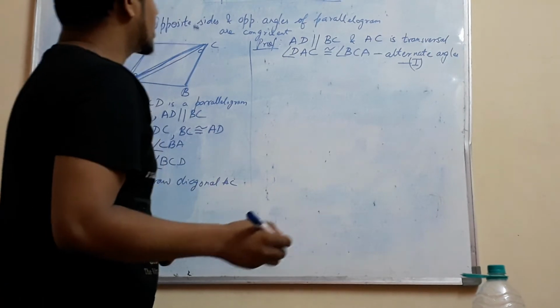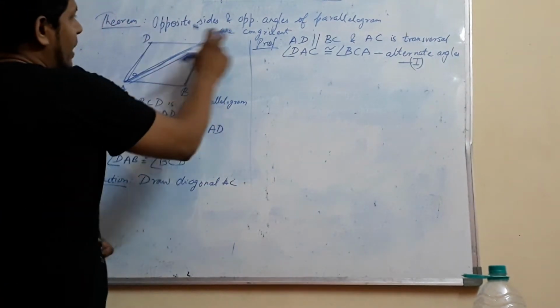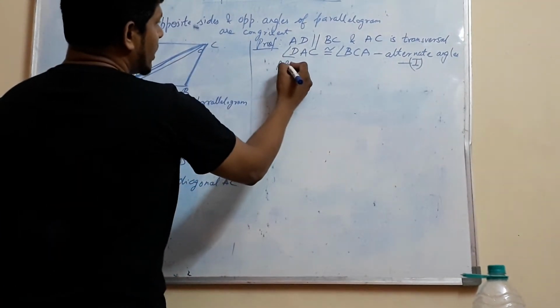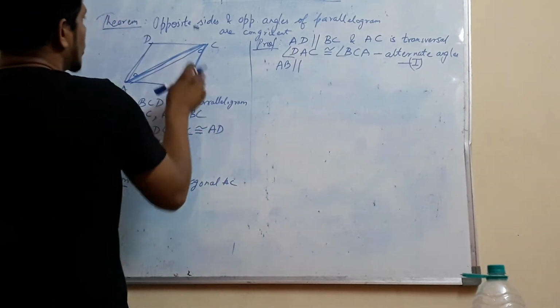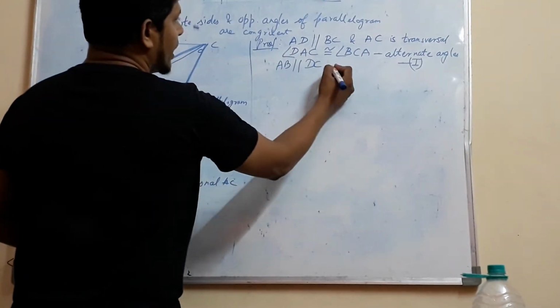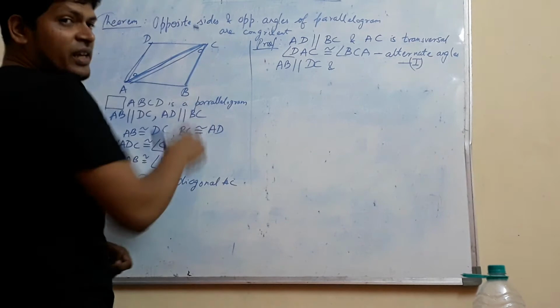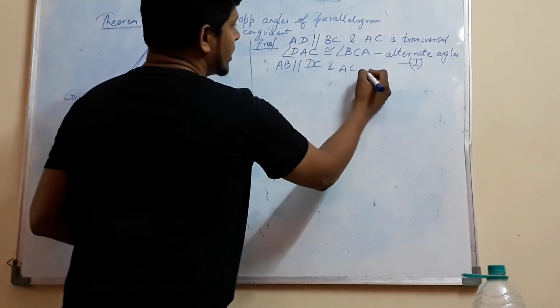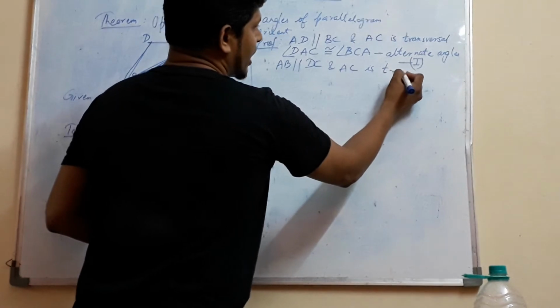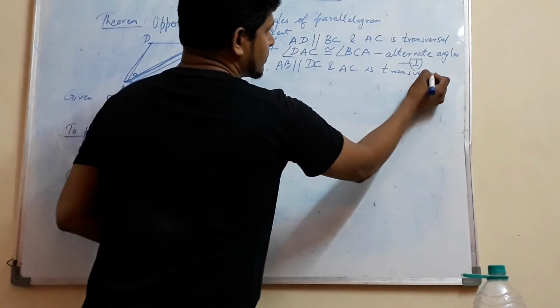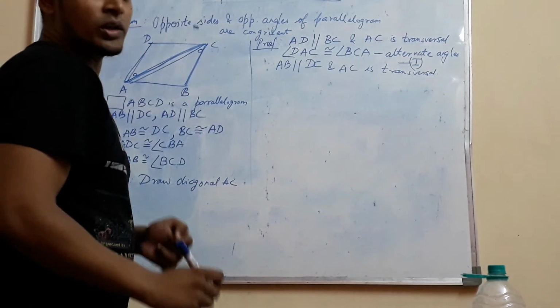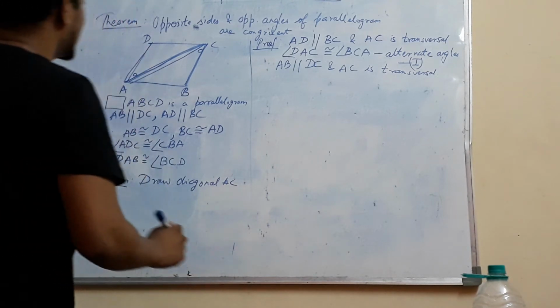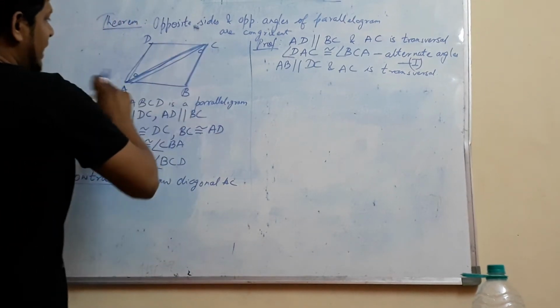So now let us see the other one, that is AB is parallel to DC, and we can consider AC as the transversal again. So here AC is the transversal. So with that, now we can talk about the other angle, that is DCA.